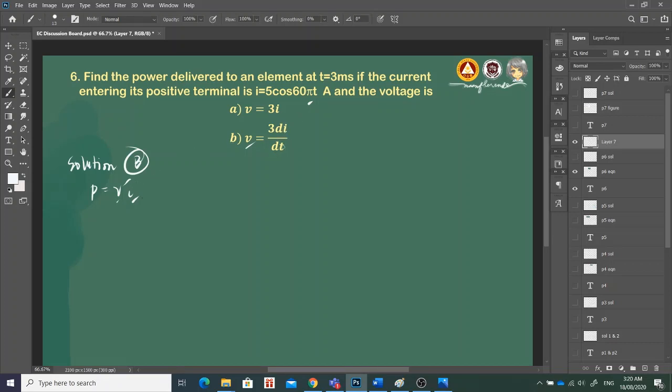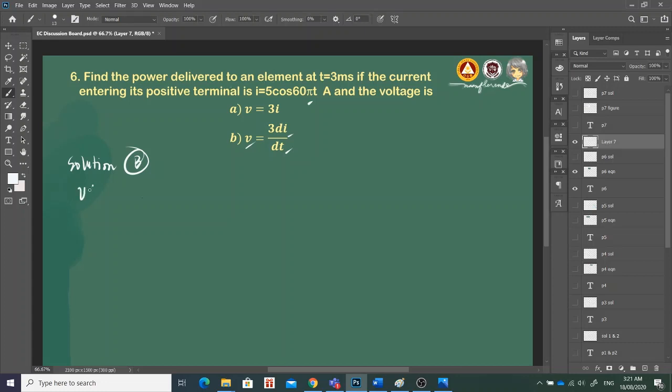Kailangan i-differentiate muna natin yung given equation ng V in terms ng i, para makuha natin yung V and then substitute natin dito. Kasi like doon sa A, 3i, diretso siya, but this one, it requires na i-differentiate muna natin yung equation.